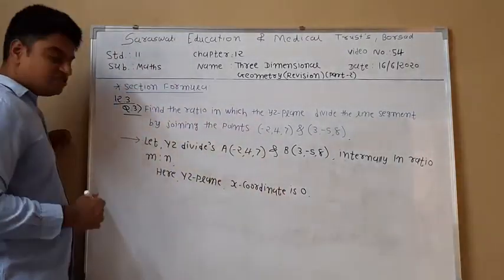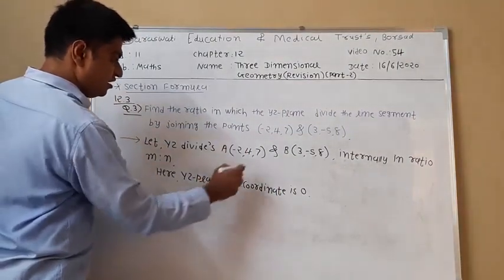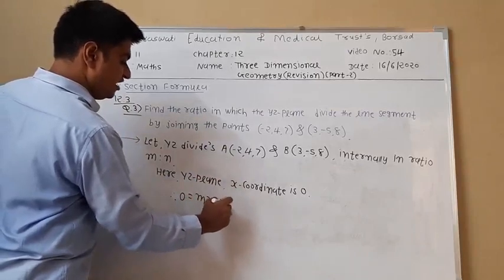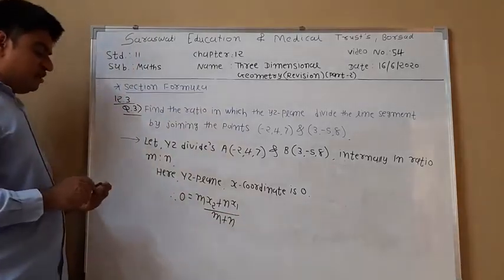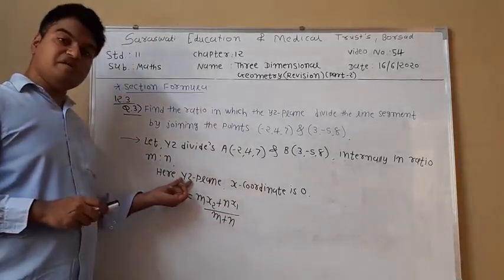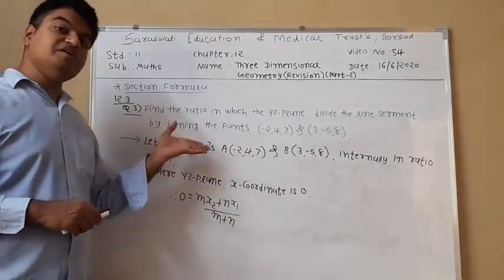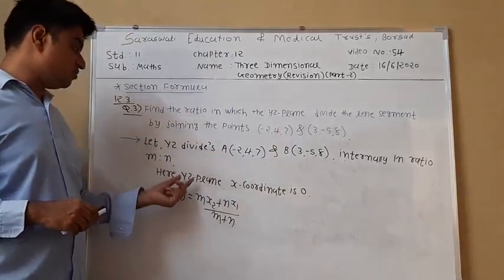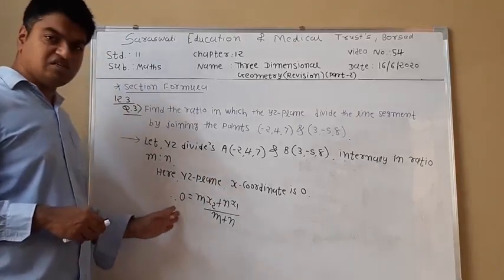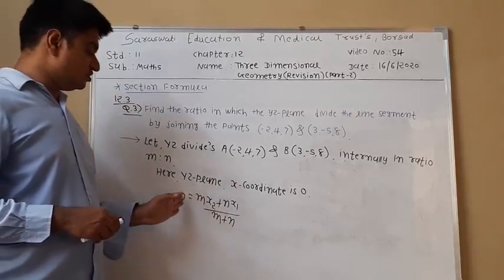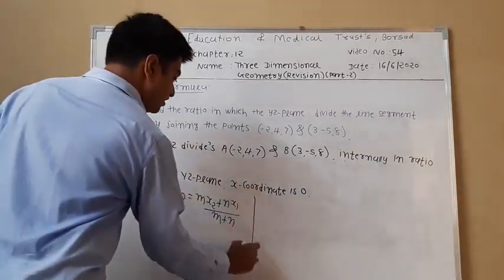The X coordinate is 0. So therefore 0 is equal to (m x2 plus n x1) upon m plus n. Suppose the XZ plane is present, then the Y coordinate is 0, and suppose the XY plane is present, then the Z coordinate is 0. But here the YZ plane is present, that means here we can consider the X coordinate 0. Now directly equate 0 with the X coordinate, and substitute the values.